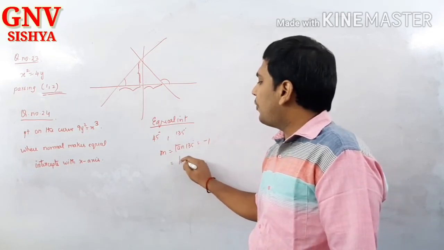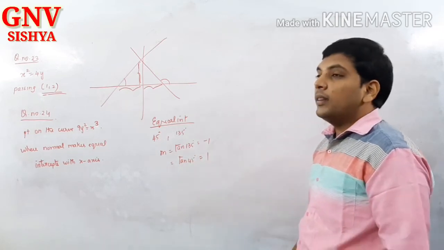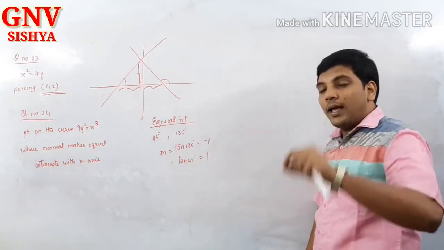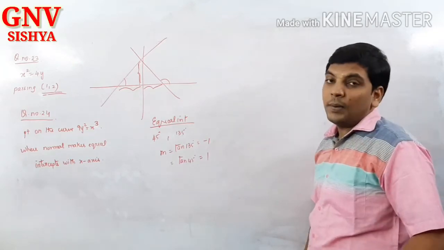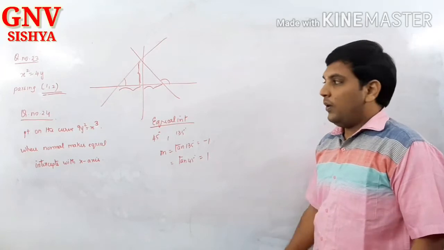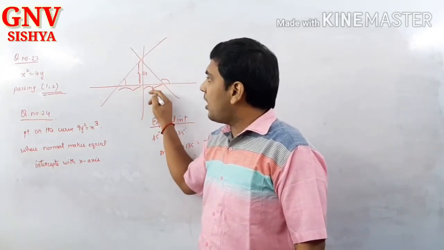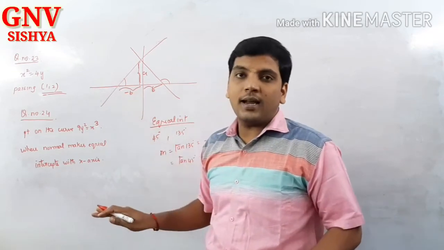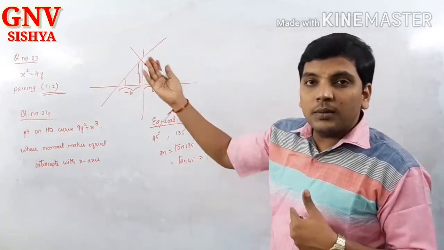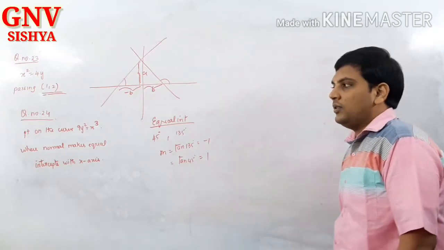And tan of 45 degrees will be equal to 1. So what I am saying is, when the normal line has equal intercepts, its slope can be 1 or minus 1, that's all. When a normal line has equal intercepts, it is a by b or a by minus b, like this only. So it can be 1 or it can be minus 1. That is what we are coming to say, right?